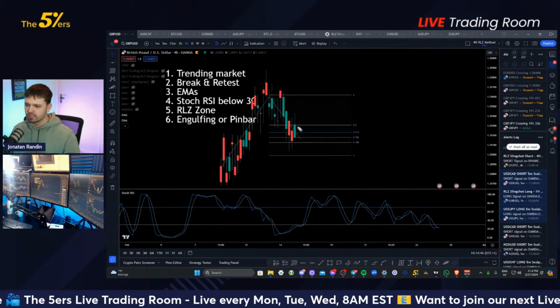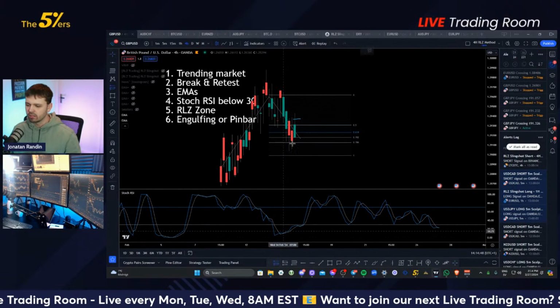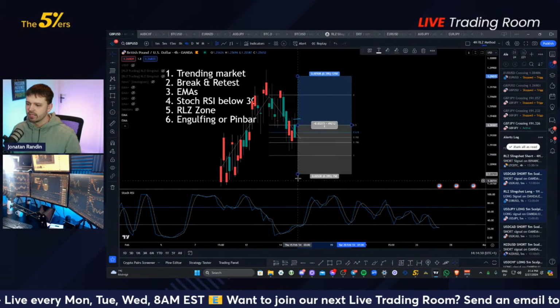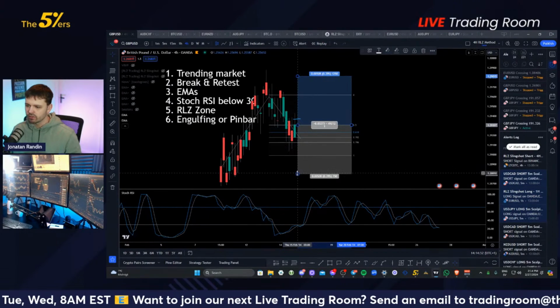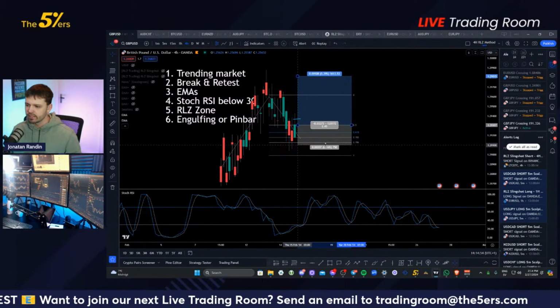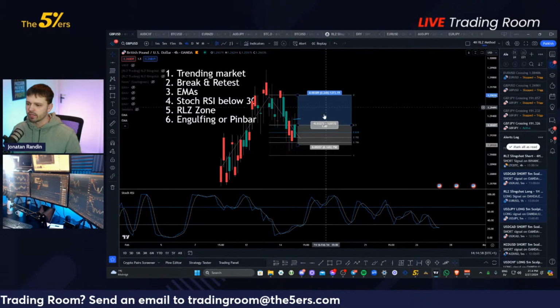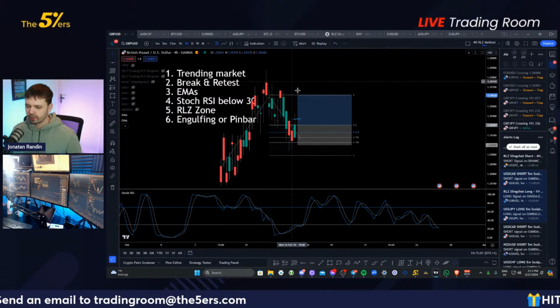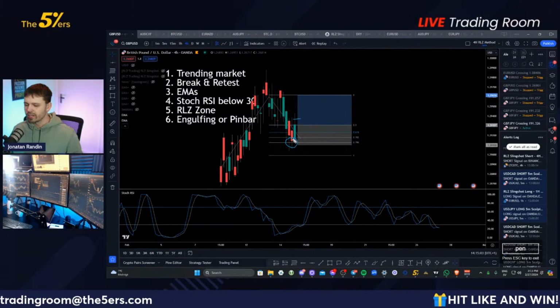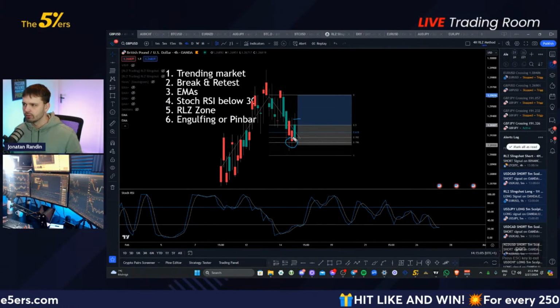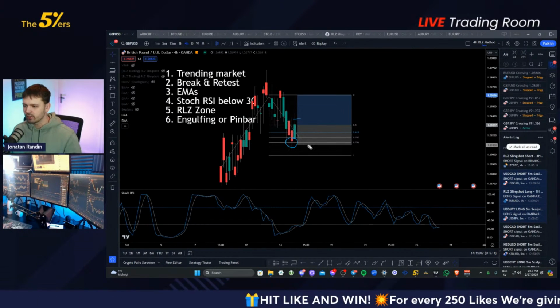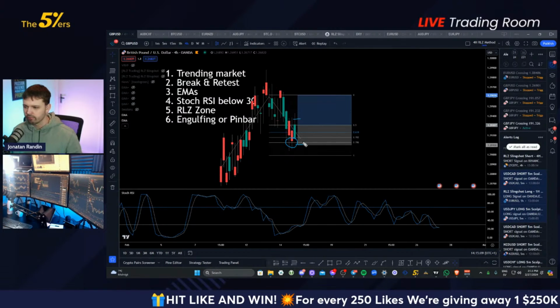If the candle is closing up here, I put limit buy orders on the 50, stop loss below the reload zone, and TP at the 0% fib, okay? So stop loss below the swing that created the signal, and below the reload zone.